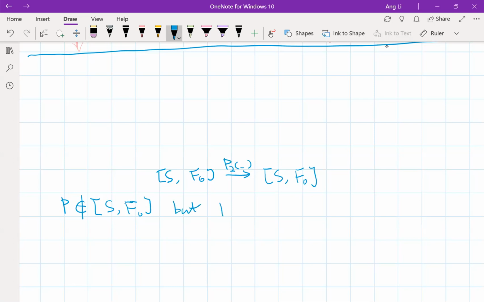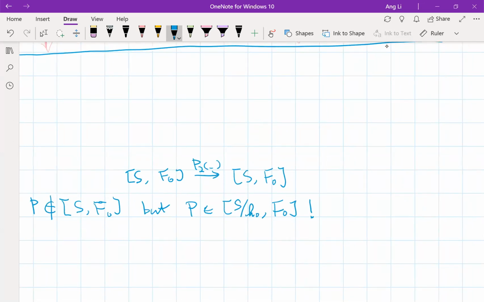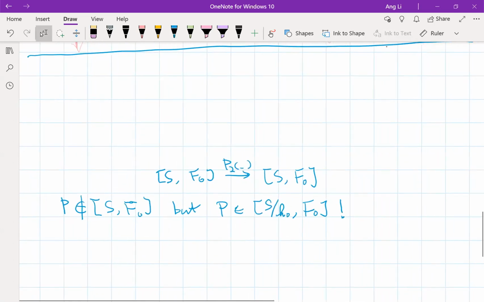But P is in the cofiber of H0. So what's the benefit? We can talk about multiplication by P in here.